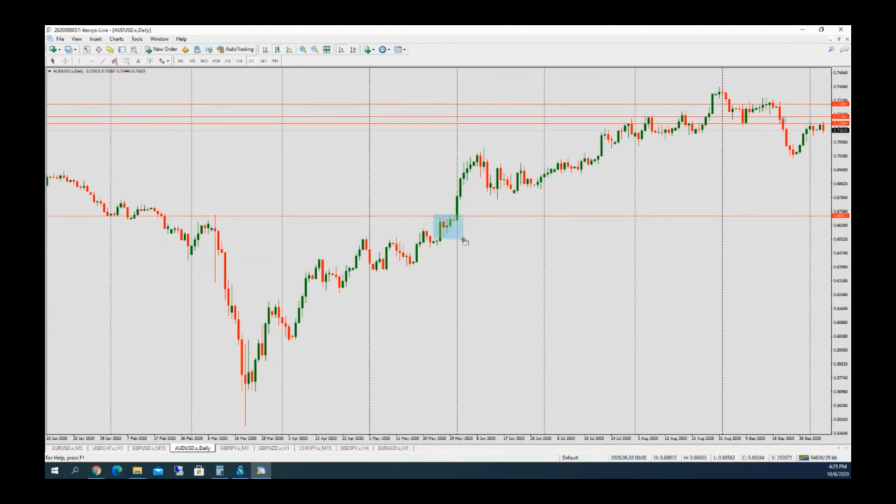You can see very clearly the few small candles in this very tight range, and then the price ran away from that level. So this demand is a valid one. Since the price created this one, it hasn't visited there. So it's a great level to buy on the first touch.